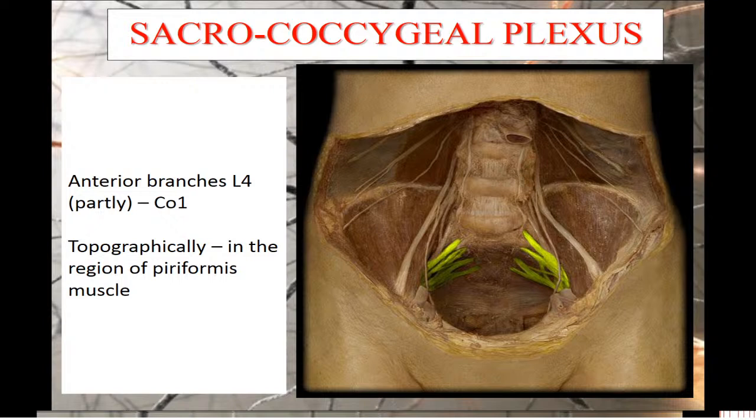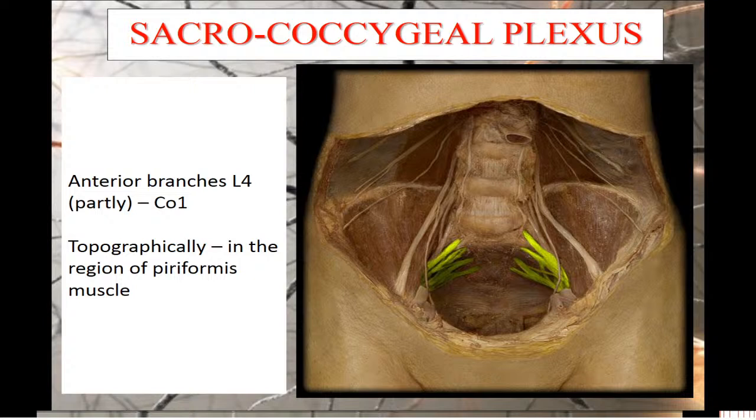Sacrococcygeal plexus, plexus sacrococcygeus. It's a plexus formed by the anterior branches of L4, L5, all sacral spinal nerves, and coccygeal.